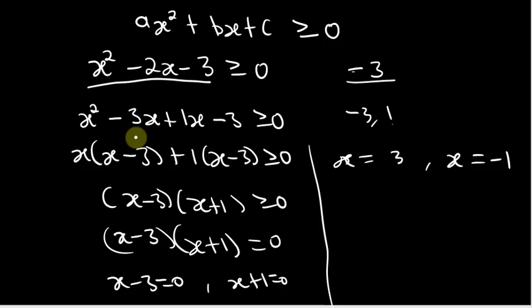Okay. Now we are going to start with the graphical approach. The quadratic expression was x squared minus 2x minus 3 being greater than or equal to 0.